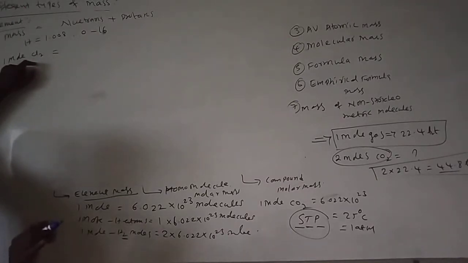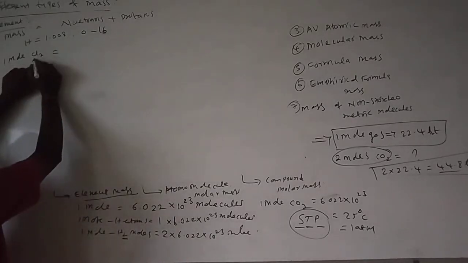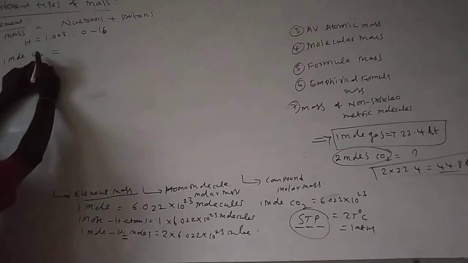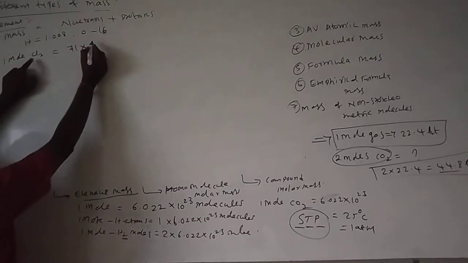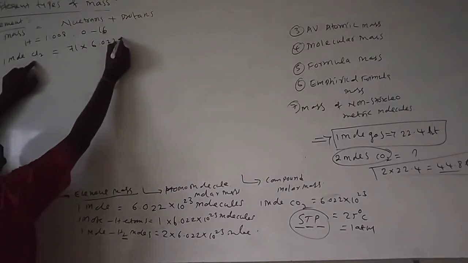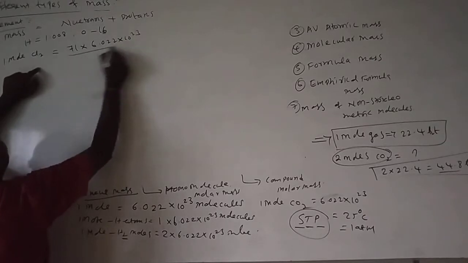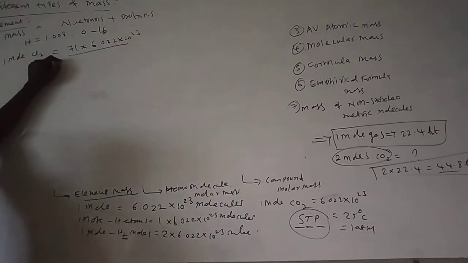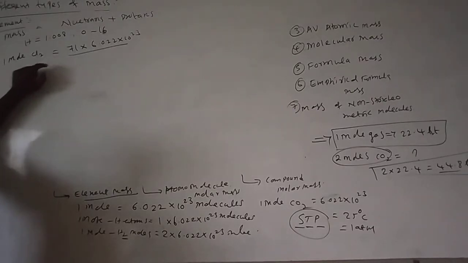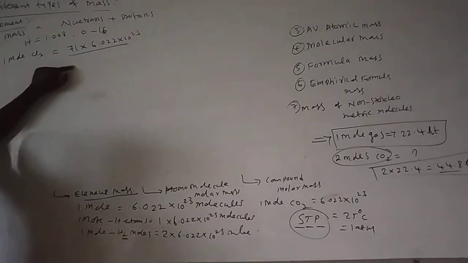That means 1 mole of molecules. A chlorine atom is 35.5, so the chlorine molecule is 71, and 1 mole is 71 into 6.022 into 10 to the power of 23. This is the molecular mass of 1 mole of chlorine gas.